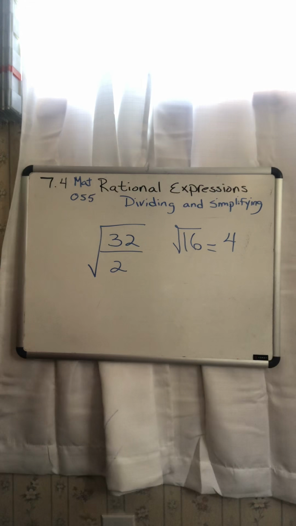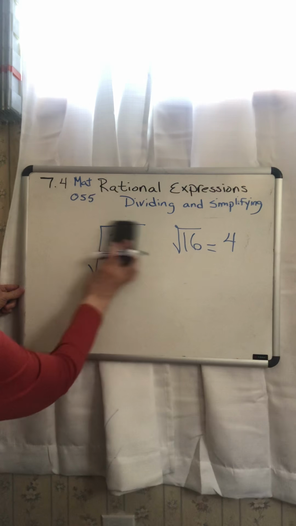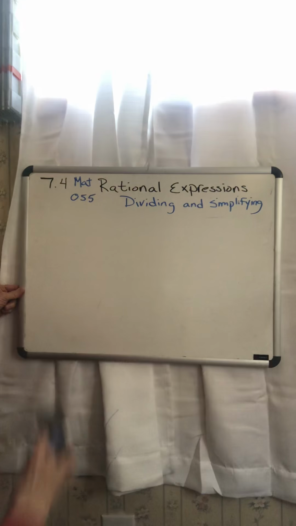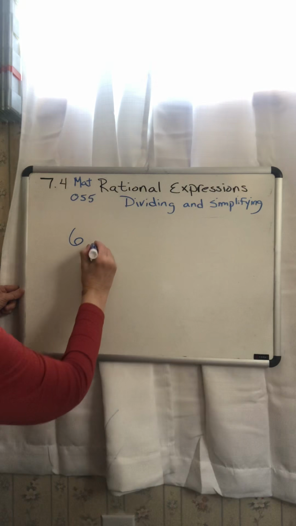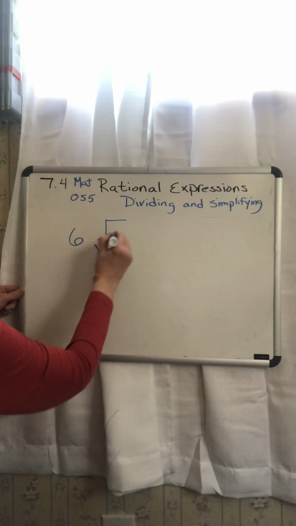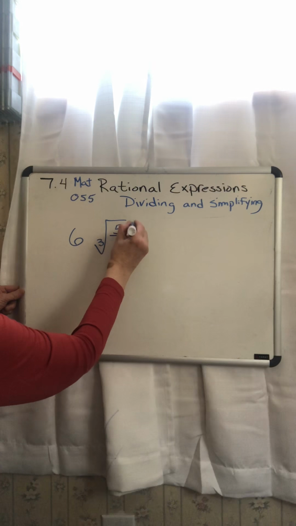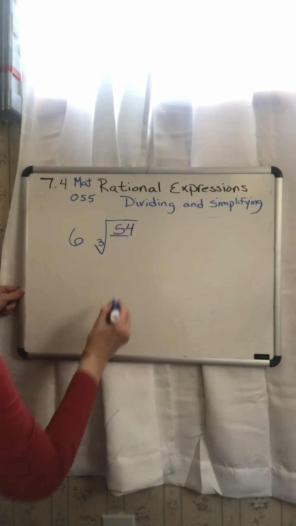Okay, so let's look at example 4. In example 4, we have a 6 outside of the radical sign. And then we have the cube root of 54 divided by 2.